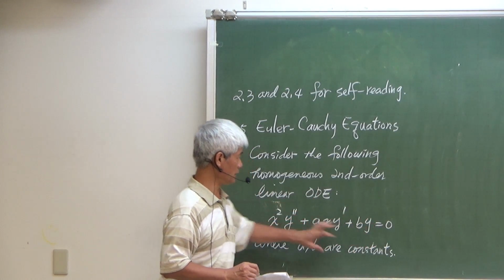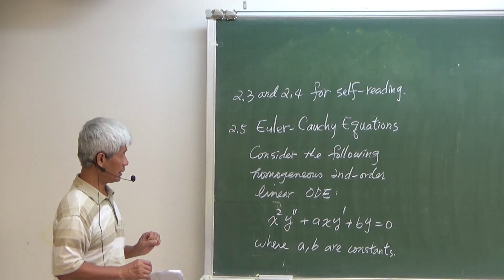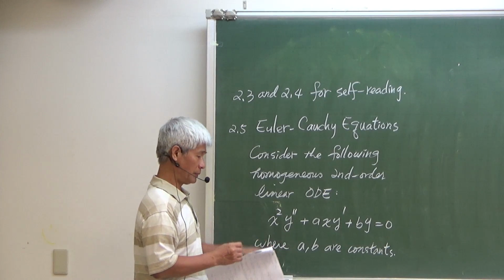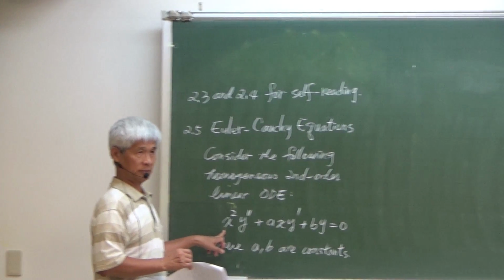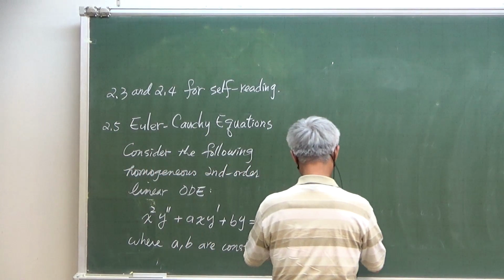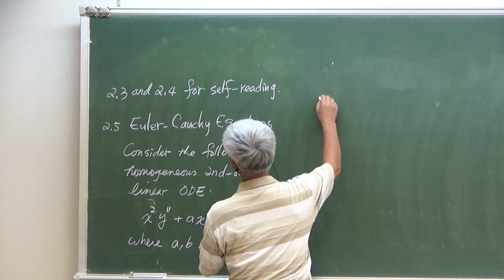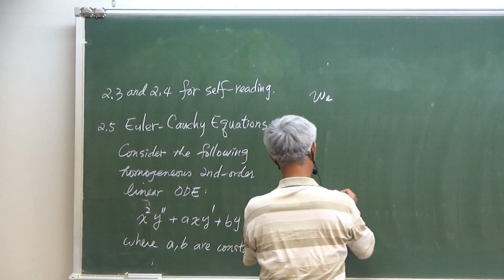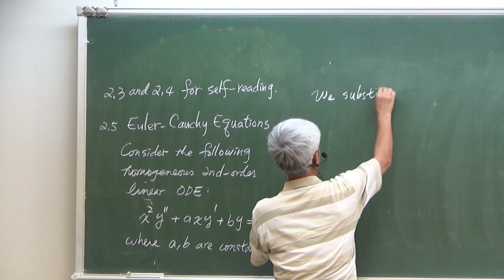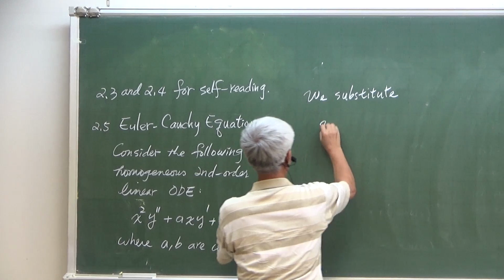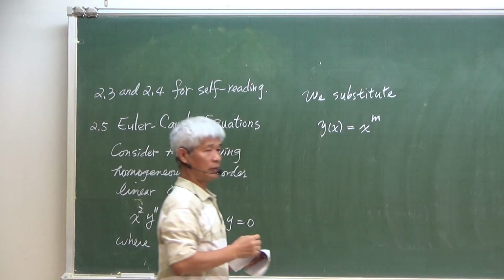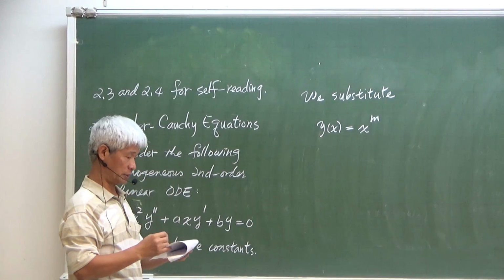But from this ODE, it is suggested that the solution might be a polynomial of x. So we substitute the nth power of x as possible solutions.